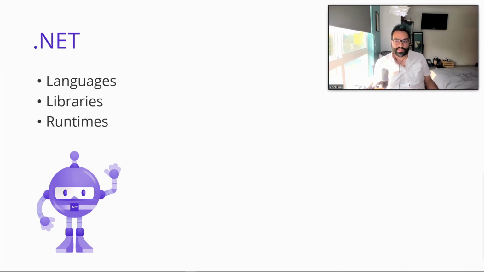There are different tools in these toolboxes, and it enables you to do things with that specific language. Think about it as smaller programs. And then there are runtimes, and runtimes enable these languages and libraries and programs to run on different machines. So let me explain that a little bit more.